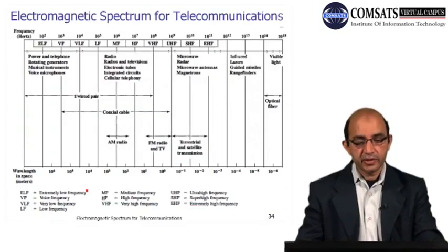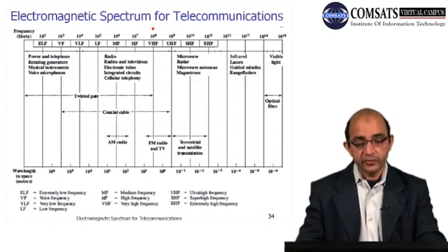Okay, so this is the spectrum, right? We have shown the electromagnetic spectrum for telecommunication, and you can see we have different frequencies marked: extremely low frequency ELF, medium frequency MF, UHF ultra high frequency, voice frequency VF, HF high frequency, and SHF super high frequency.